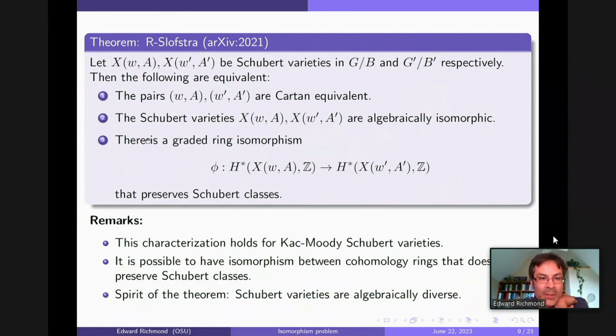One comment about condition 3: it's definitely possible to have a ring isomorphism between cohomology rings that does not preserve Schubert classes. For a while, I was hoping that I could drop this preserving Schubert classes portion, but there's an immediate counterexample when dealing with Hirzebruch surfaces. Hirzebruch surfaces are algebraically indexed by n, but diffeomorphically they're only diffeomorphic up to parity.